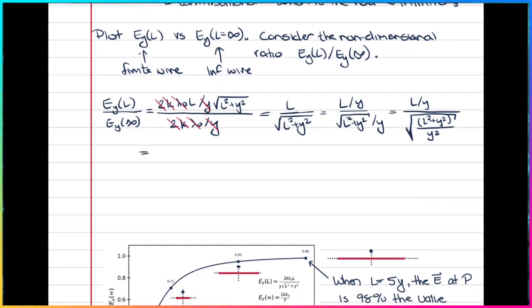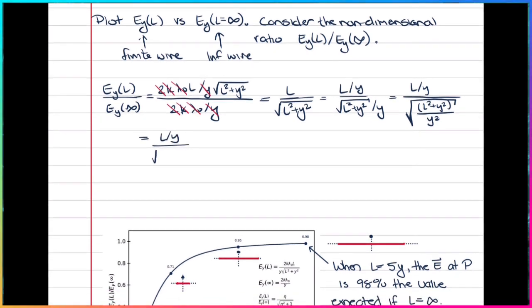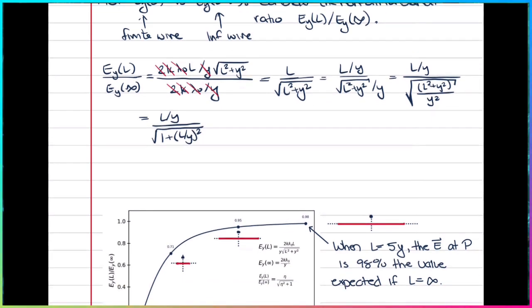So this looks like L over Y, all divided by the square root of 1 plus L over Y, but it's being squared. The Y squareds cancel, and then you have L squared divided by Y squared, which I just made L over Y all squared.